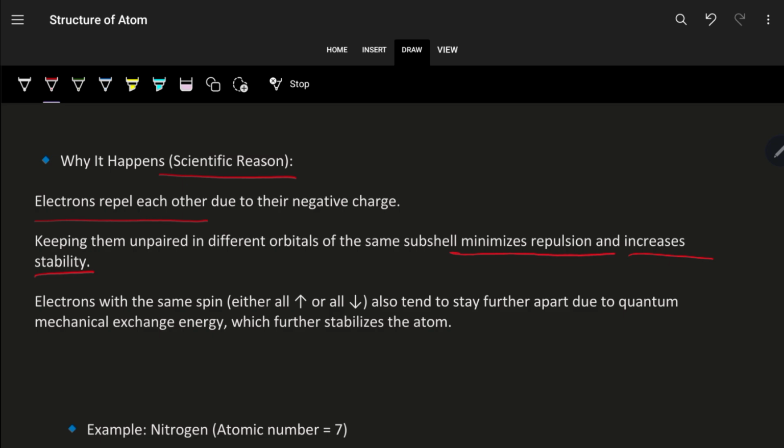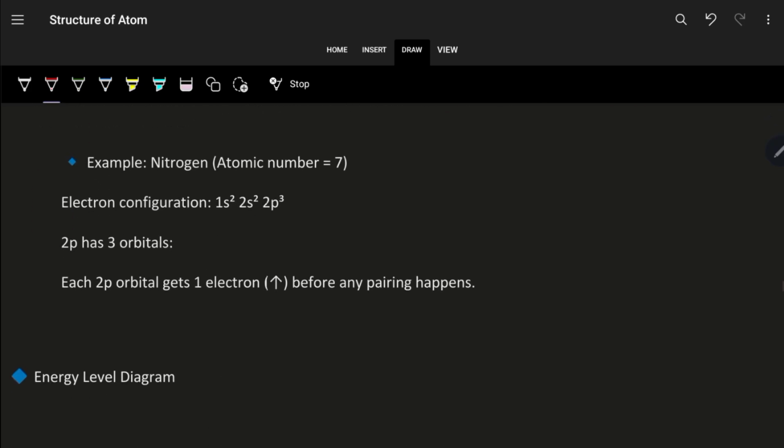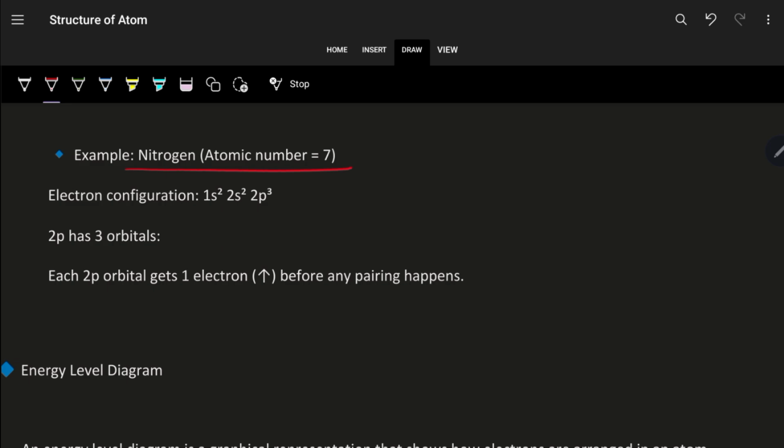Electrons with the same spin, either spin up or spin down, also tend to stay further apart due to the quantum mechanical exchange energy. Okay, so now let us see an example. Nitrogen with atomic number 7. How do they occupy the electrons? Nitrogen, atomic number 7. Electronic configuration is 1s, 2 electrons, because s can accommodate a maximum of 2.